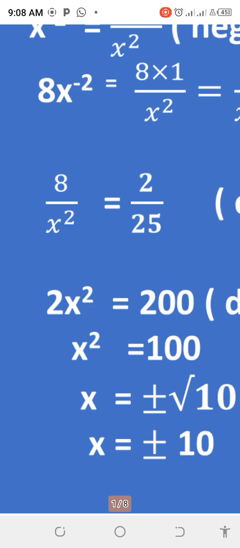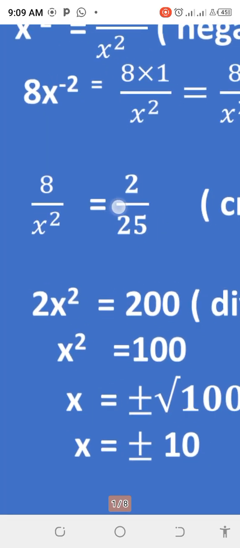At this stage, what you will do is to cross multiply. That is, 2 will multiply x raised to power 2 on one side, and 8 will multiply 25 on the other side.